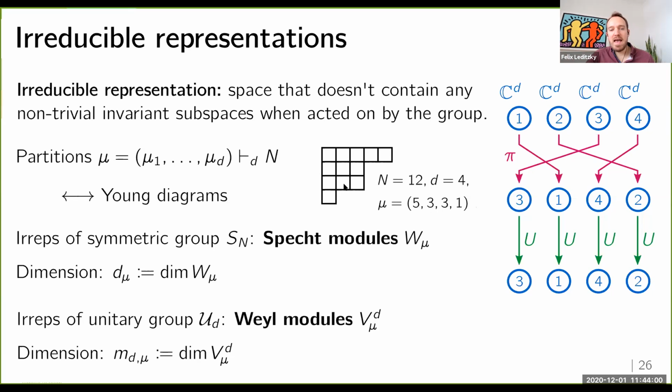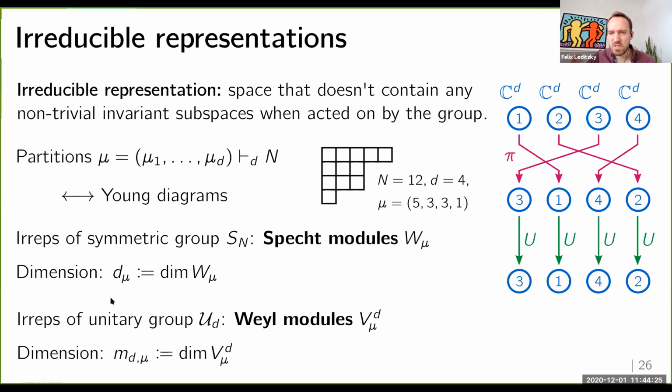Okay. And it turns out that these objects, these Young diagrams or these ordered partitions, parameterize the irreps of the symmetric group and the irreps of the unitary group. Okay, so there's a way to construct these irreps, which is to say you can construct these vector spaces. For the symmetric group, these are called Specht modules, and for the unitary group, they are called Weyl modules.